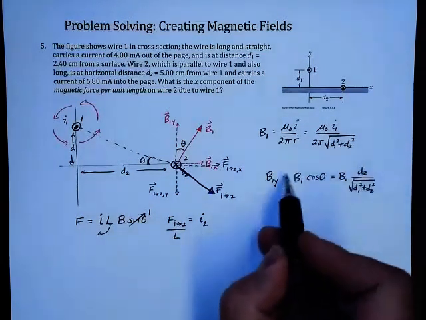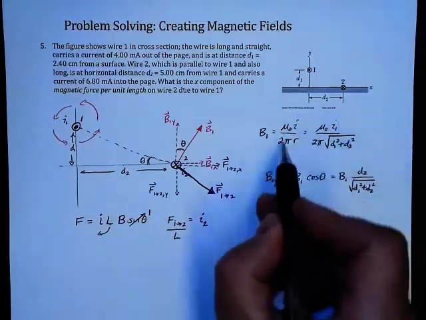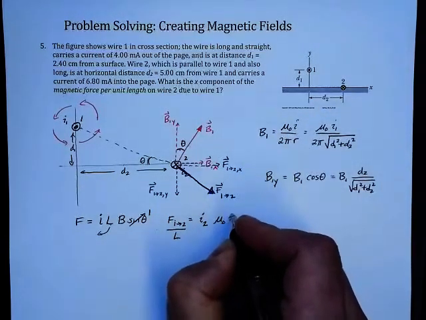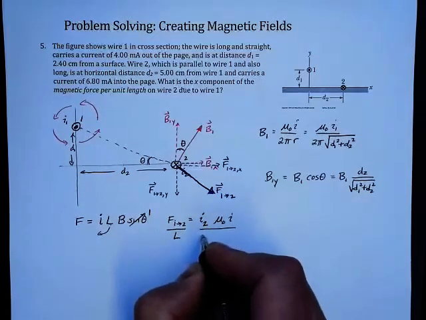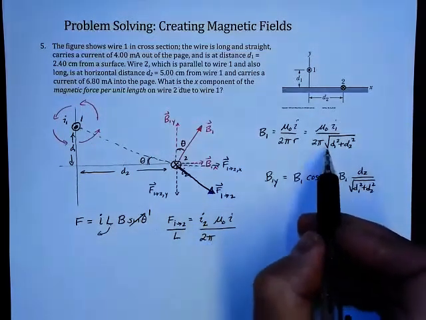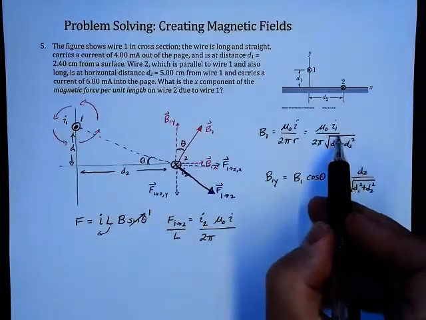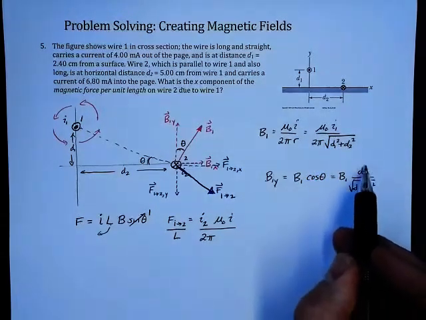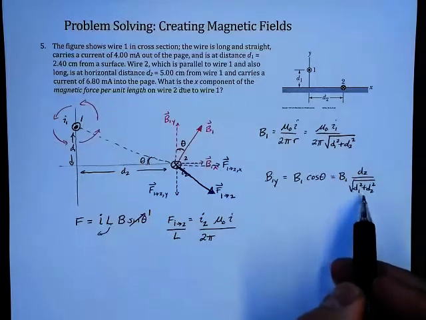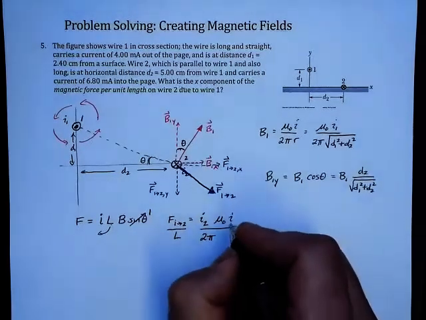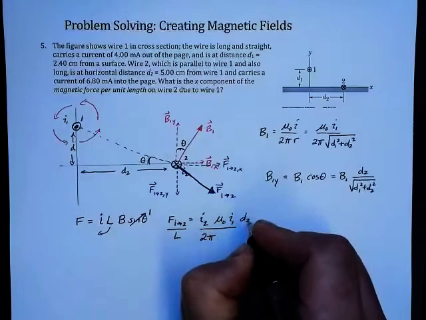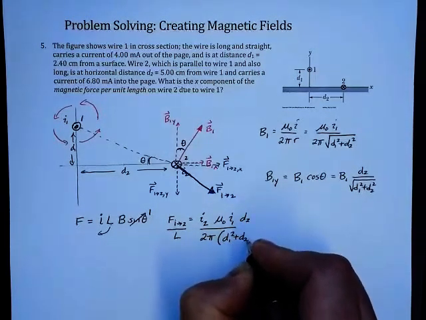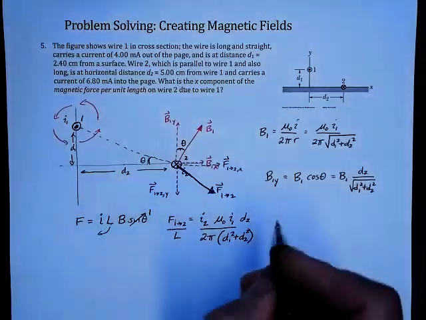The magnetic field is the y component, so that's going to be mu 0 I over 2 pi, times 1 over the square root of d1 squared plus d2 squared, multiplied by the expression for the cosine of the angle, d2 over the square root of d1 squared plus d2 squared.